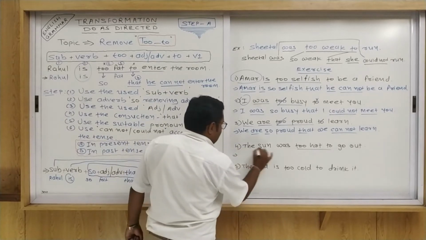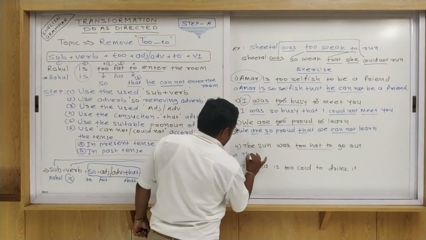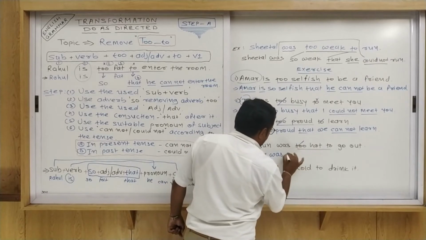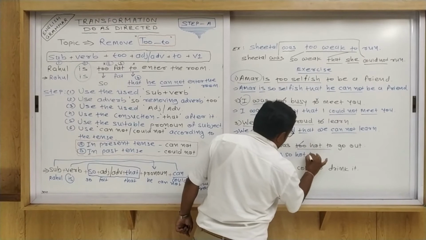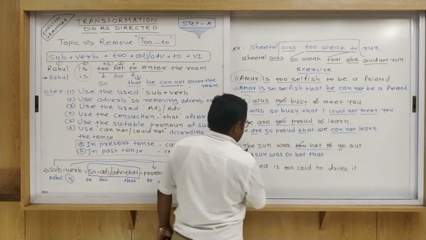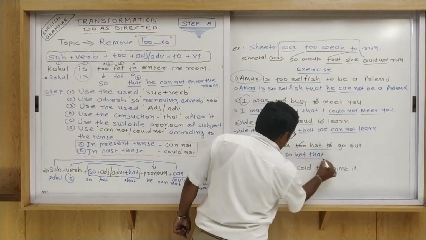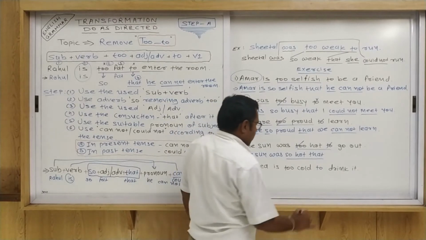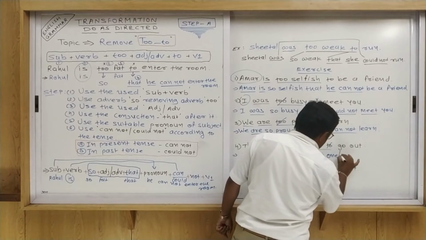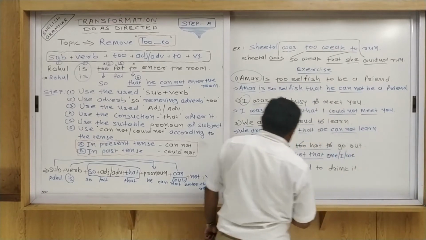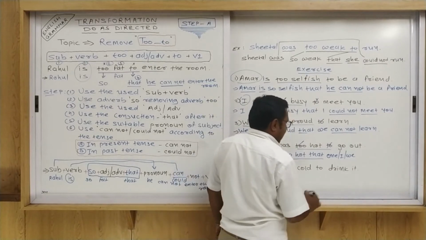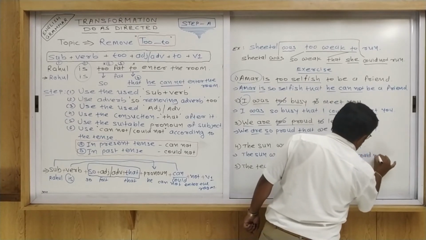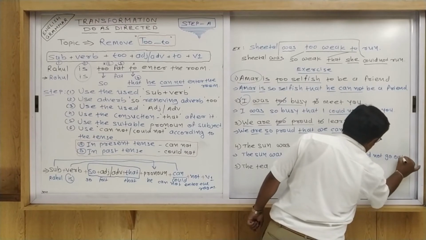Okay, so let's see: the sun was so hot that one, I, or we could not go out.